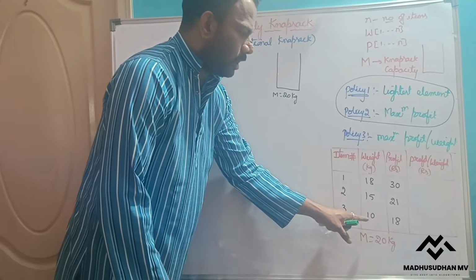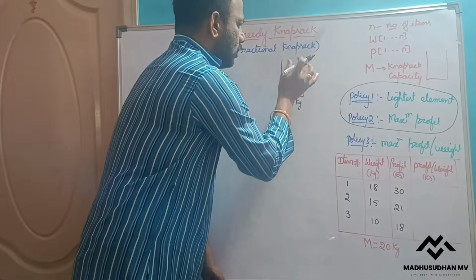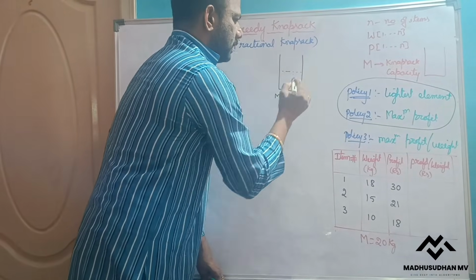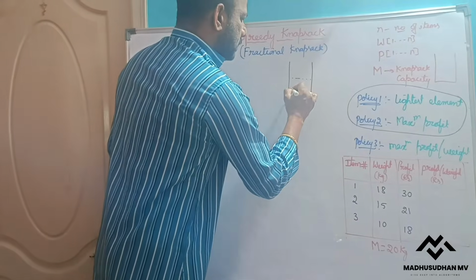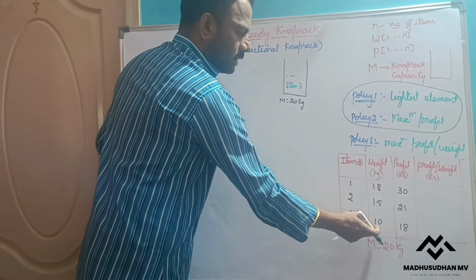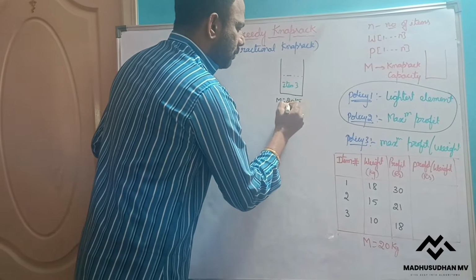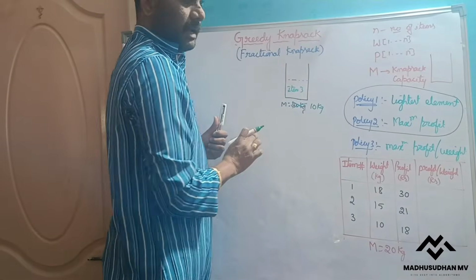This is item 3, 10 kg. Take item 3: 10 kg out of 20 kg, so 50% of the space is consumed. Since item 3 is 10 kg, the remaining capacity is only 10 kg.